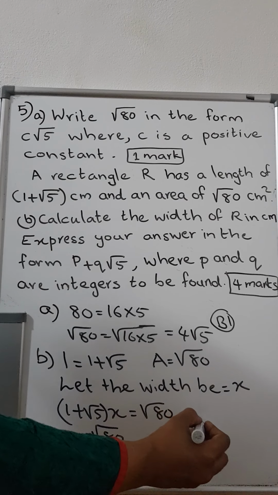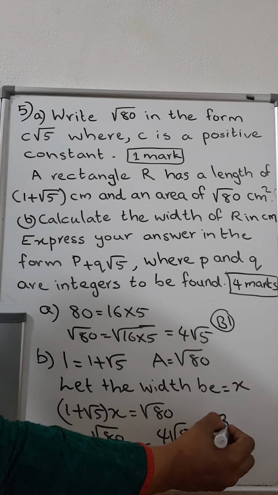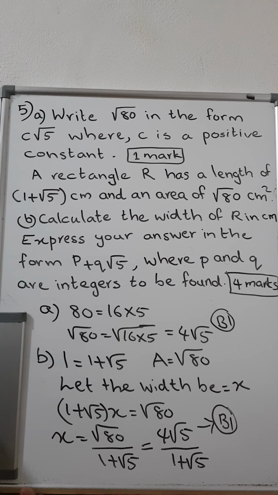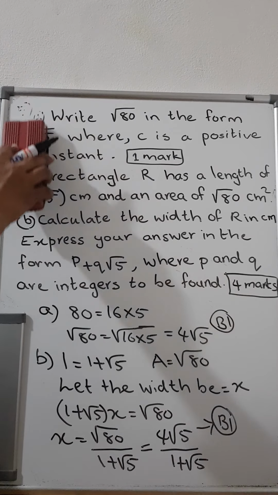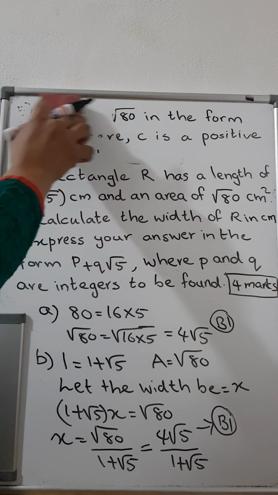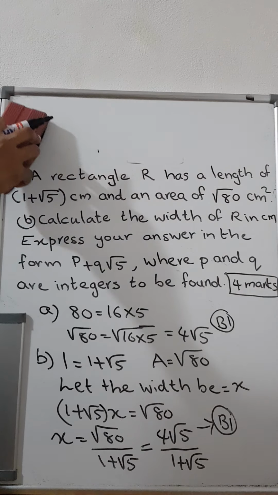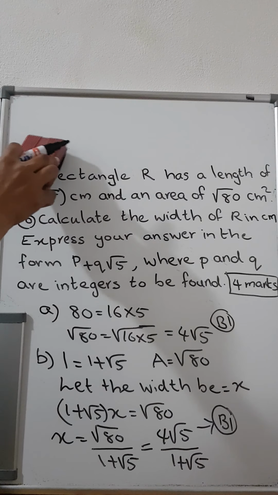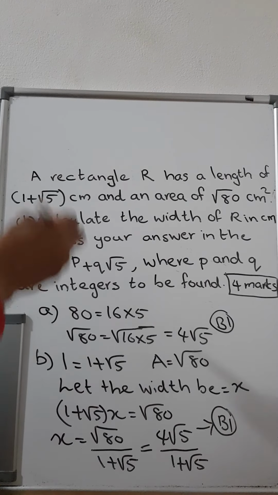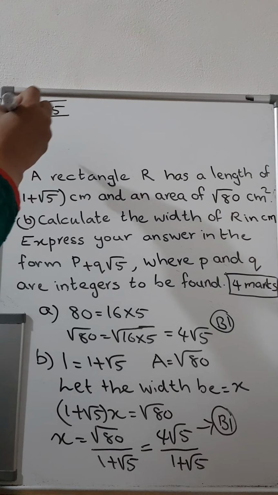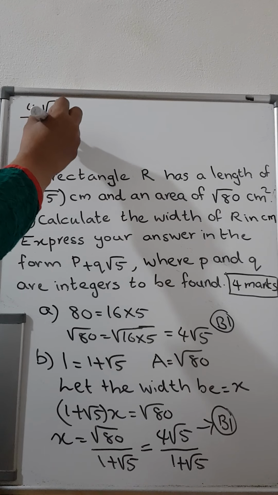See, for writing root 80 as 4 root 5, we are getting 1 mark, that is B1 mark, the independent one. Now we have to simplify it. Let's do that here. Let's erase this part. So 4 root 5 divided by 1 plus root 5.